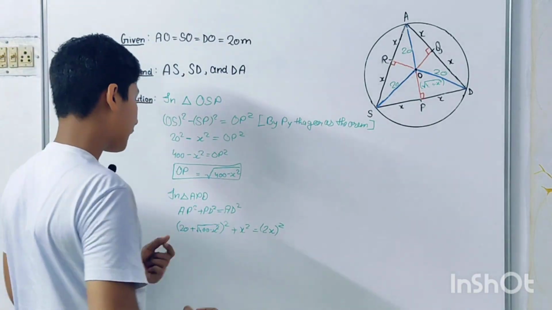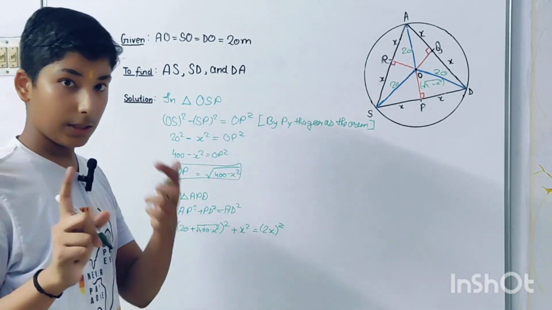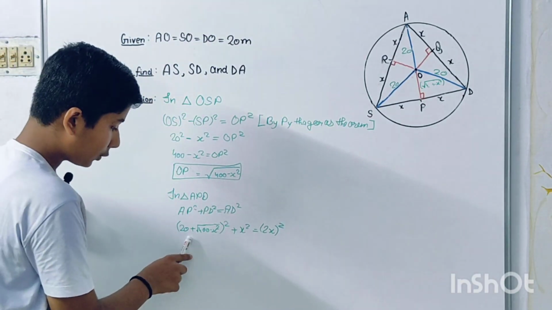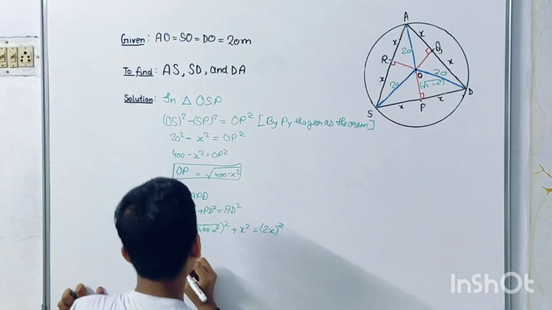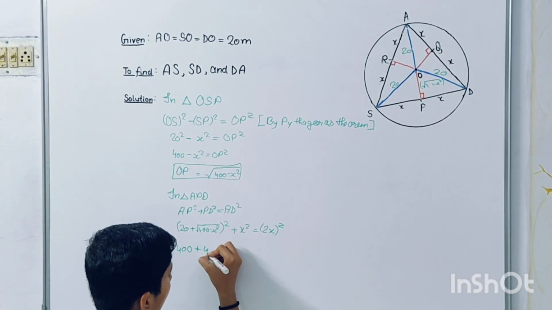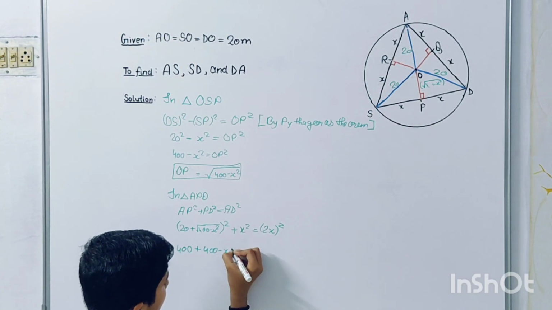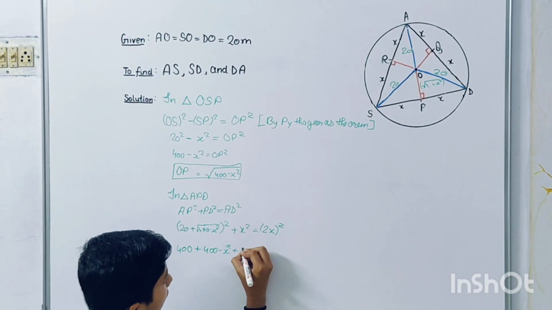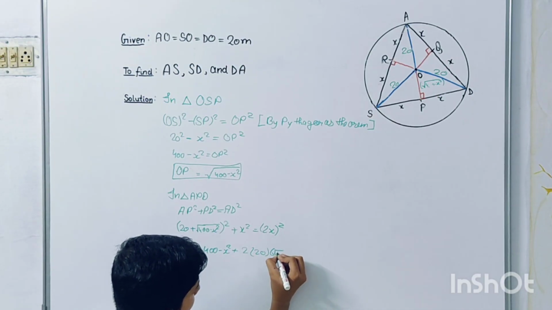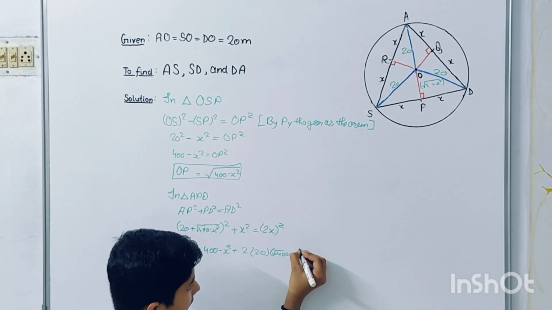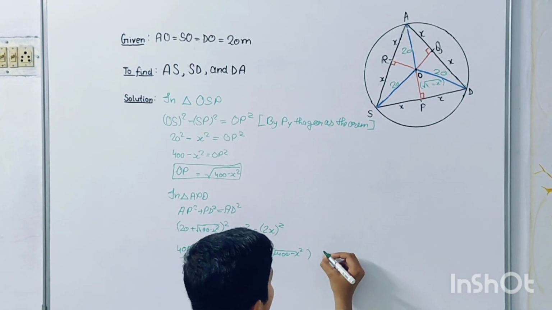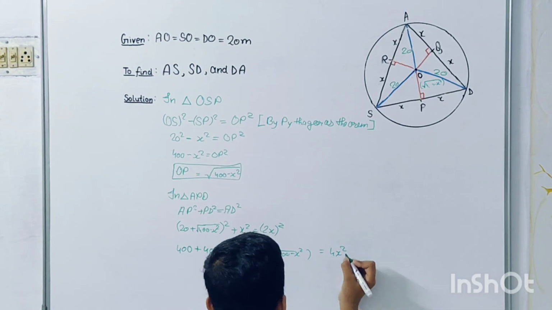So here don't directly do 20 square plus this square. No, this will be wrong. You have to use the identity: A square plus B square plus 2AB, means 400 plus 400 minus x square plus 2 times 20 root 400 minus x square, and this will be equal to 4x square.